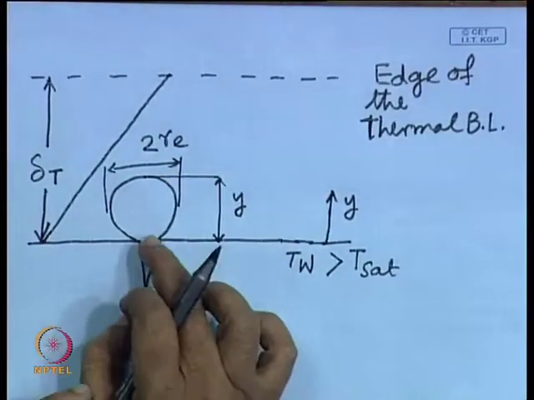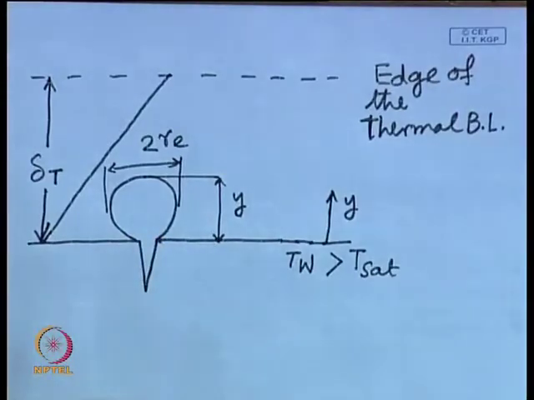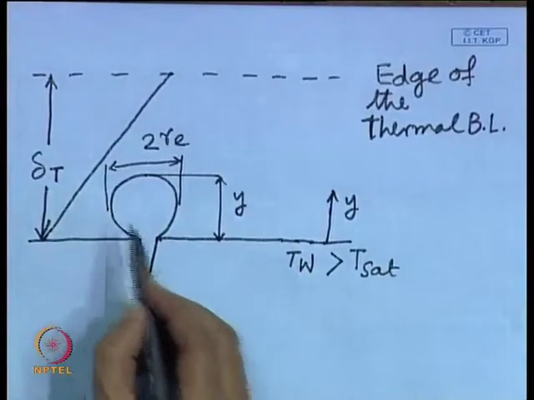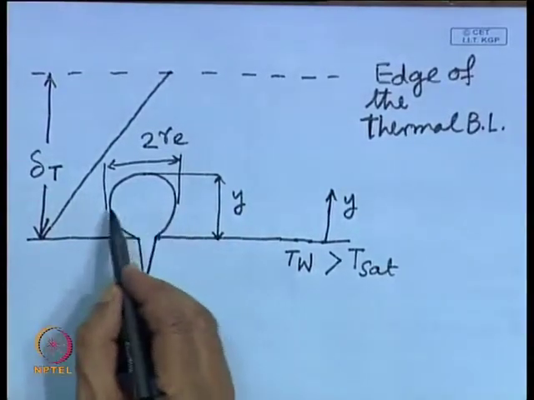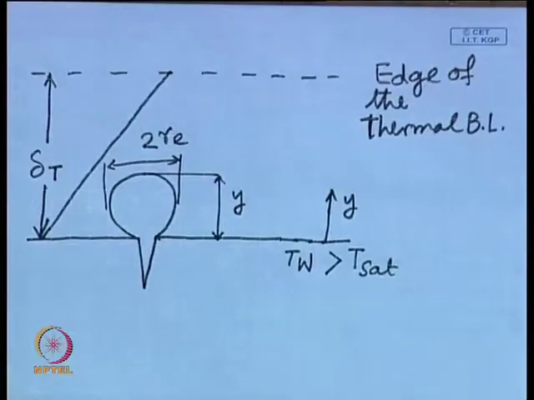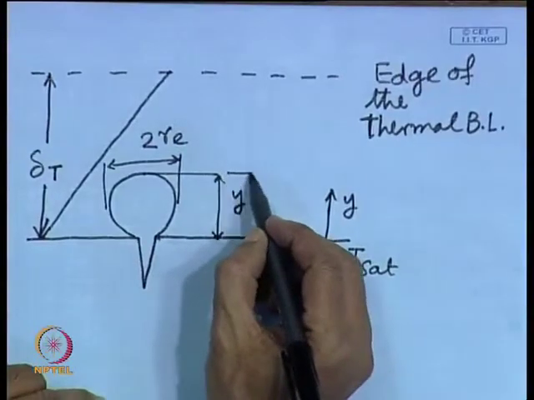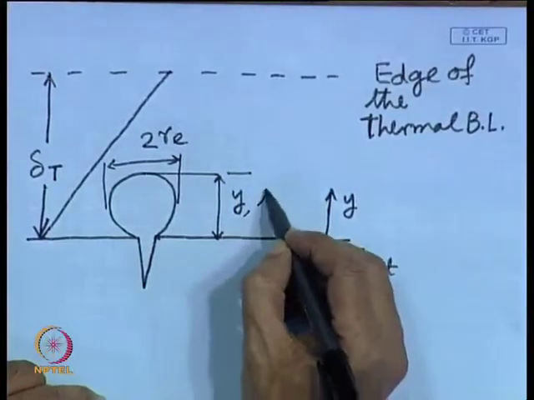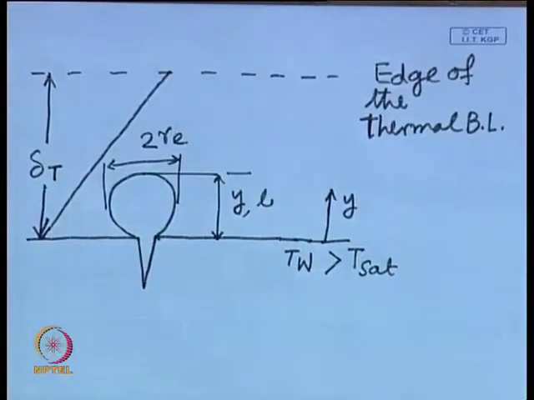So, what we are calling this is not a fully formed, fully developed bubble, but some sort of bubble embryo. So, to mention that it is an embryo, this suffix e has been brought here. So, 2 r e is the bubble diameter, where we have taken the diameter where it is the largest. So, here 2-3 parameters are important. The height of the bubble is also denoted by people as b.